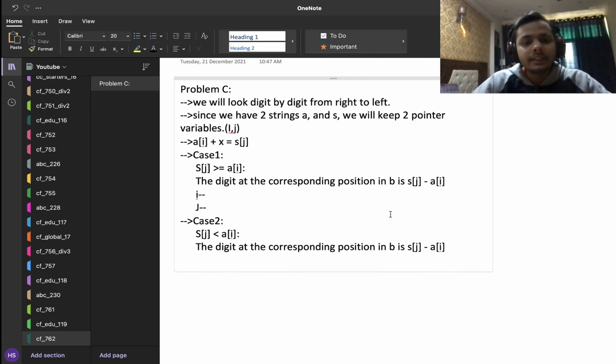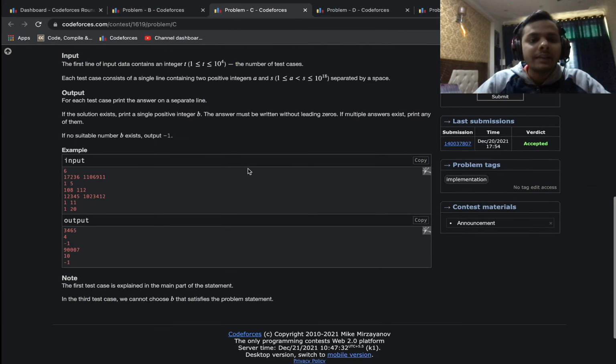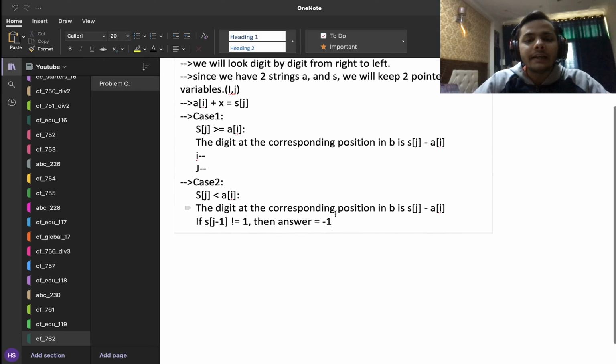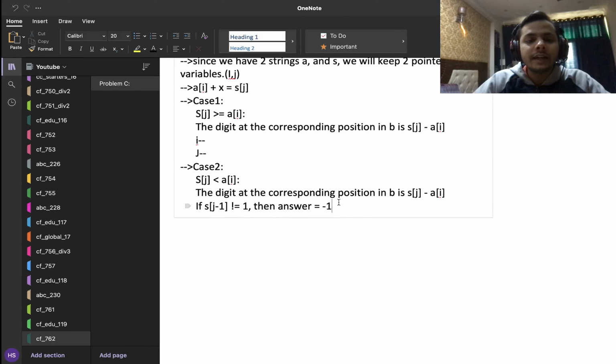But there is another thing here, and that thing is that if S of J minus 1 is not equal to 1, then our answer will be minus 1. The problem says that if no such B exists, then we also have to output minus 1. And it is fairly important to notice that if there is a carryover at position J, then S of J minus 1 has to be equal to 1, right?